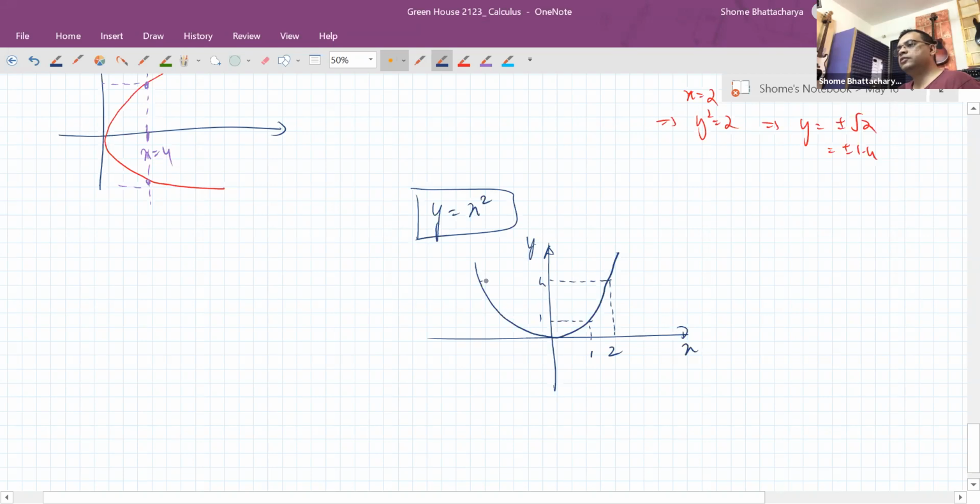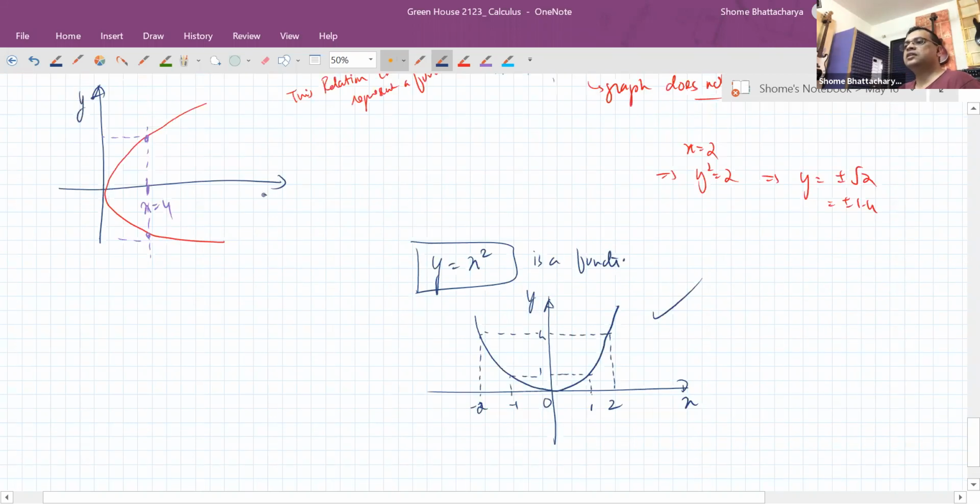Of course, if I take x equal to -2 also, it gives me the value of y as 4. But I have no problem with that, because in my definition of function, for a single value of x, I should get a unique value of y. So that is satisfied here. So this is a function. But see the difference of this one with respect to this graph. Here, for a single value of x, I'm getting more than one value of y. So this is not a function.